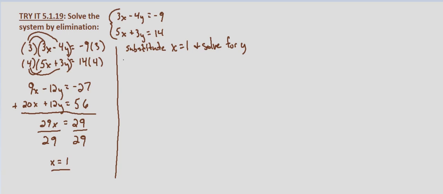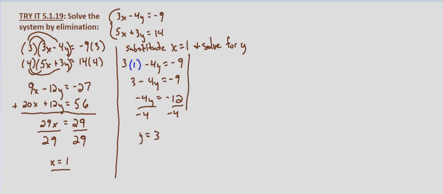In our first equation, 3 times 1 minus 4y equals negative 9. 3 minus 4y equals negative 9. We subtract 3 from both sides, we get negative 4y equals negative 9 minus 3, which is negative 12. Divide both sides by negative 4, and we get y equals 3.